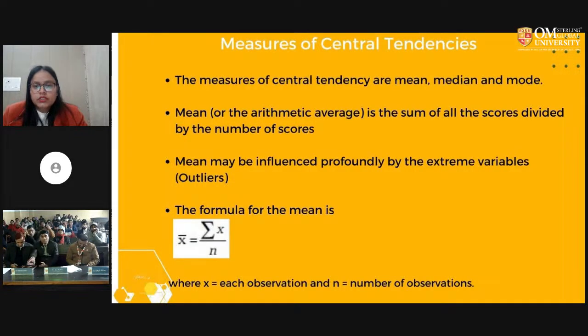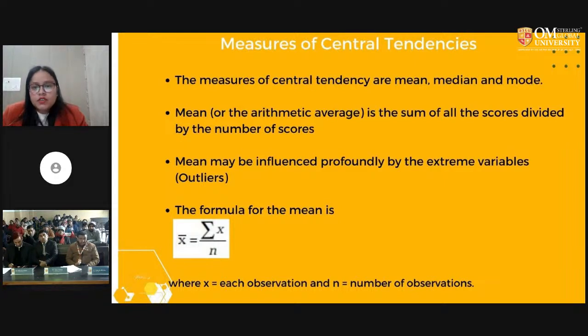Now, this is just an overview of what we mean by mean. We mean the arithmetical average, that is, the sum of all the scores divided by the number of scores. Calculating the mean is very important for parametric statistical tools. Mean is also very important when we are drawing the distribution, to see whether it is normally distributed or not.